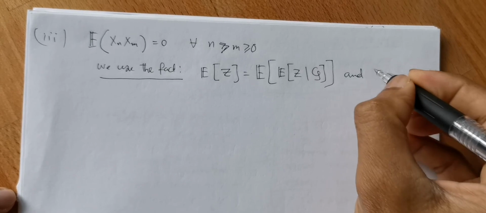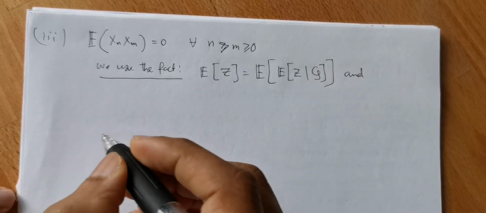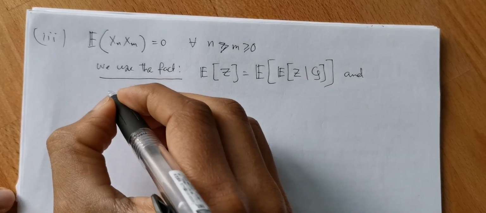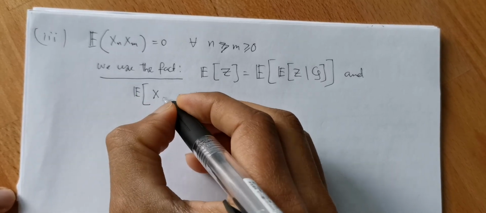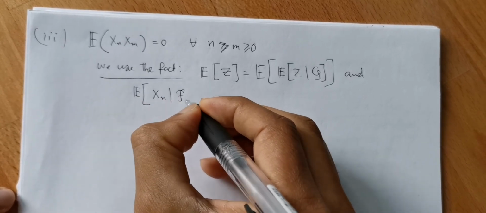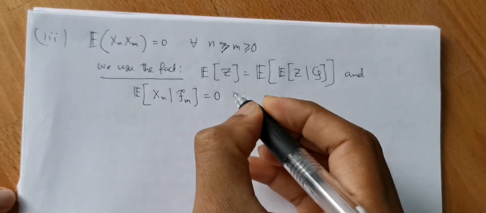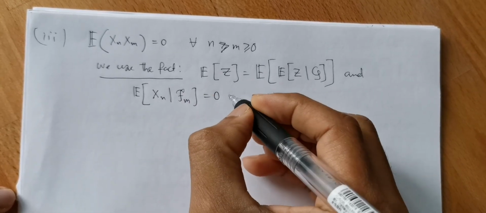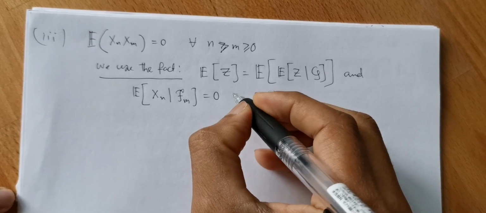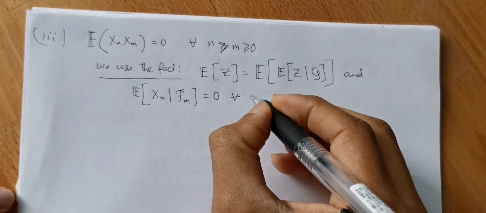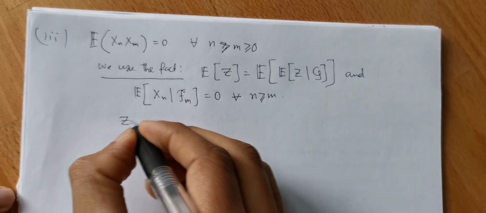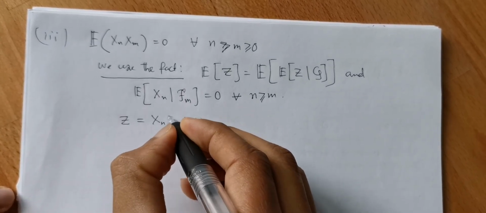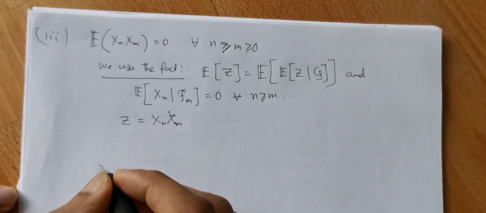And we proved in the first part of the problem that the conditional expectation of Xn given any Fm is equal to 0 for all n greater than m. Now choose Z equal to Xn times Xm.